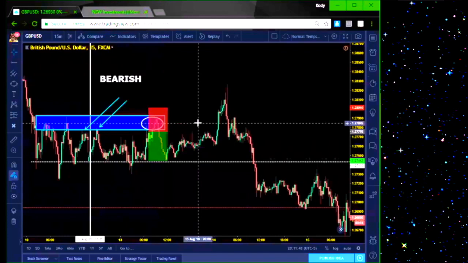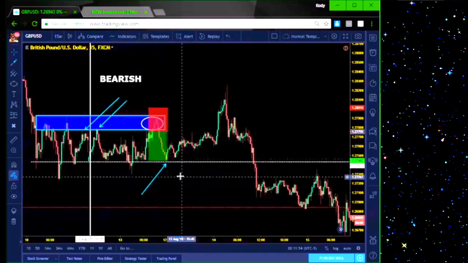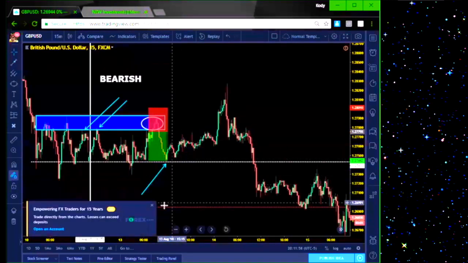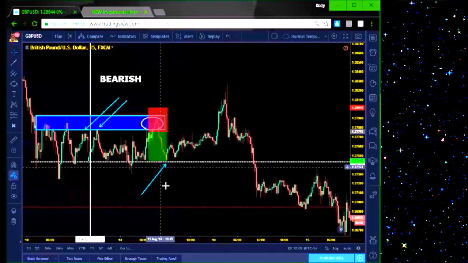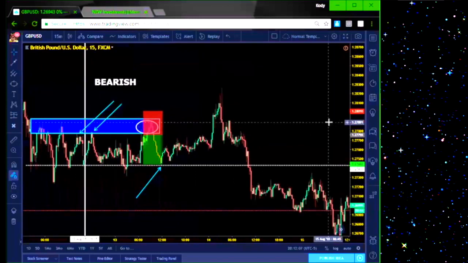Now, once price got down here, you could have taken a buy trade, but what would have been the reason why you would not take it? I know the buy trade worked, but give me a reason.